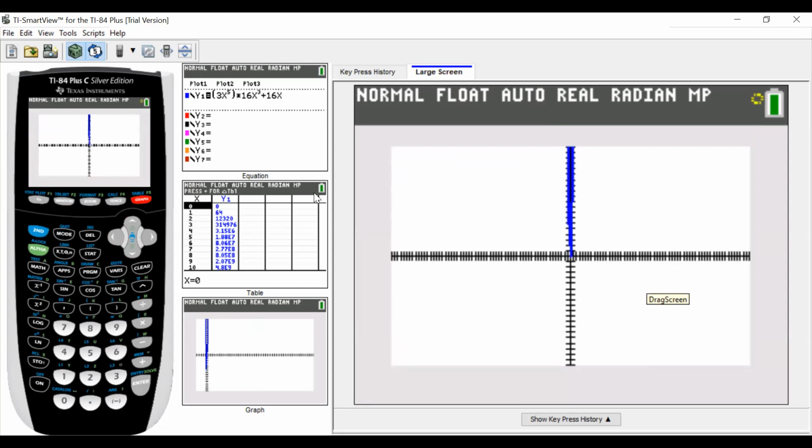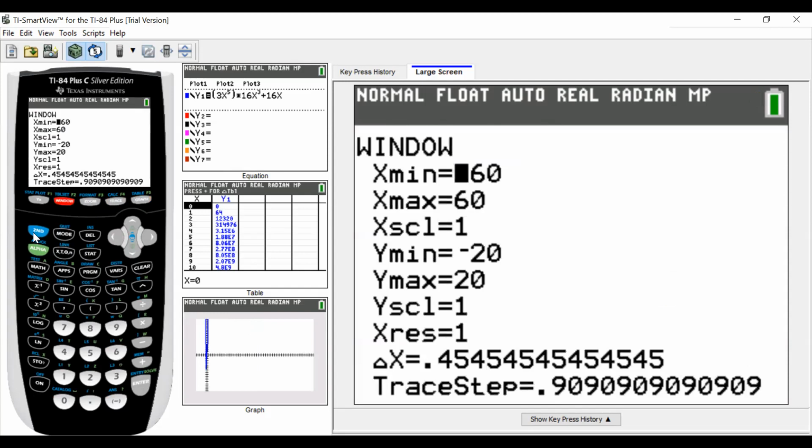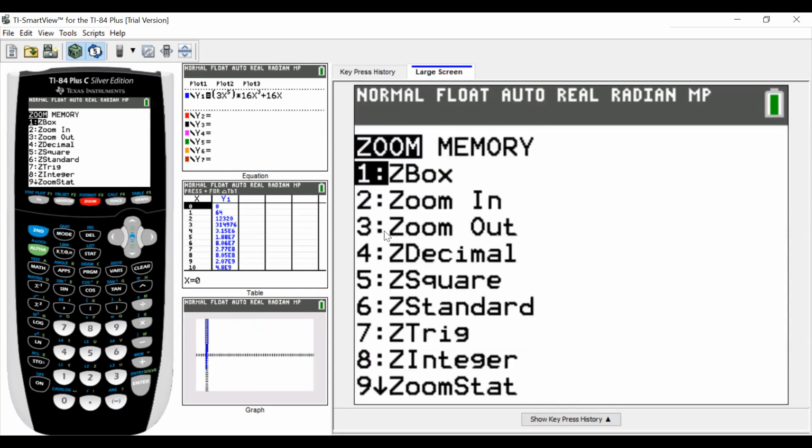It doesn't look like it is for some reason. Let's see. Maybe we can play around with this a little bit. Zoom out. Let's see. Another one that you can do is, let's try zoom stack. I want to see what that does.